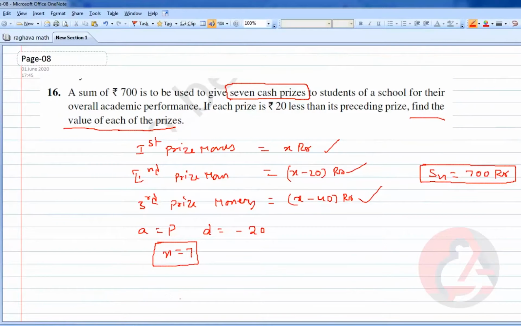From that, find out S7 is equal to 700. That is 7 by 2 into 2x plus (7 minus 1) into minus 20. So 700 equals 7 by 2 into (2x plus 6 into minus 20).